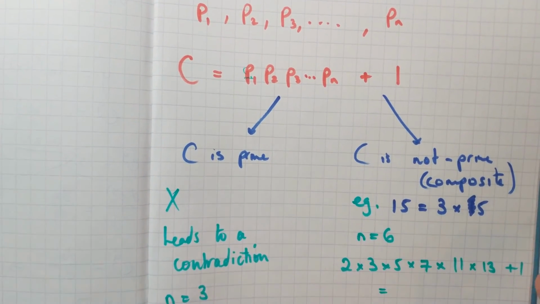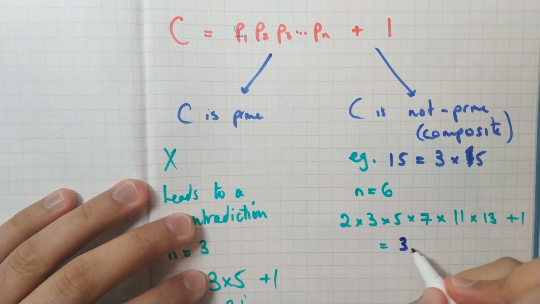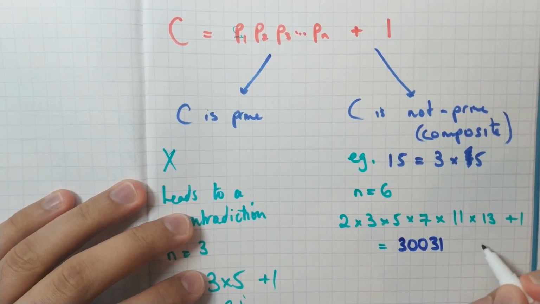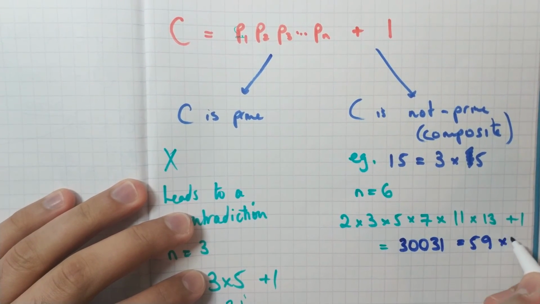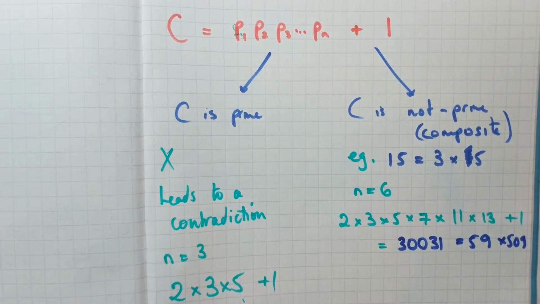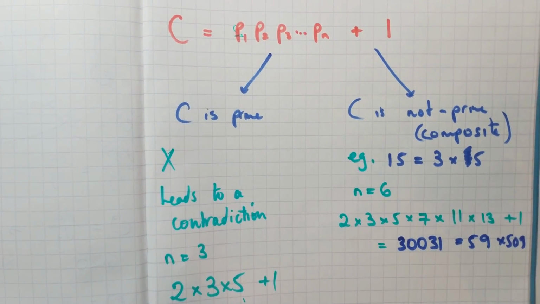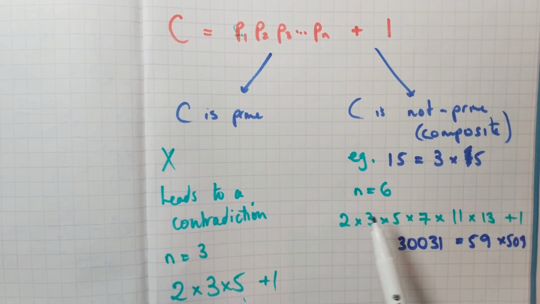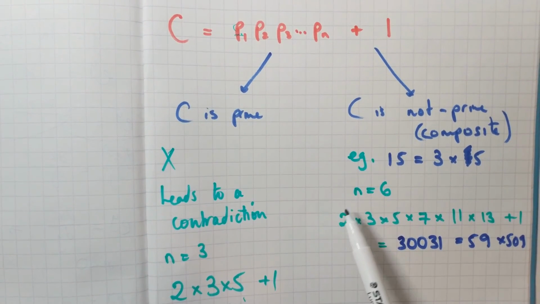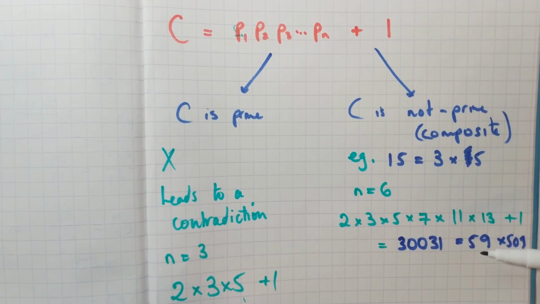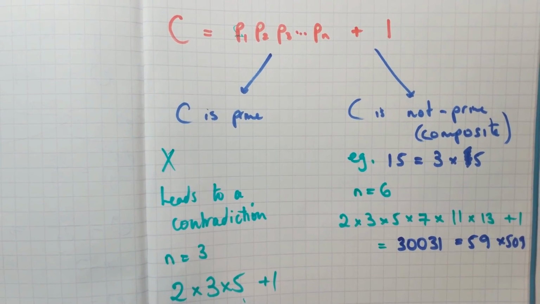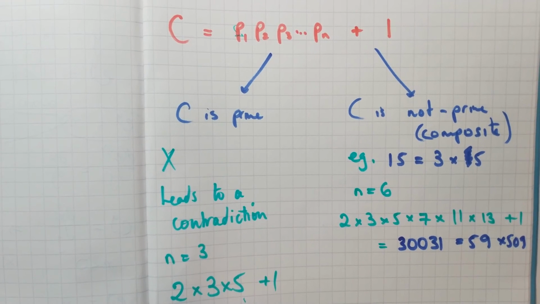It works out to be 30,031, which is actually 59 times 509. So the prime factor decomposition of this number contains primes that are outside the original list. If we assume that there were only 6 primes and try to make this construction, we end up with a number that contains primes outside the original list. So again, it leads to a contradiction.